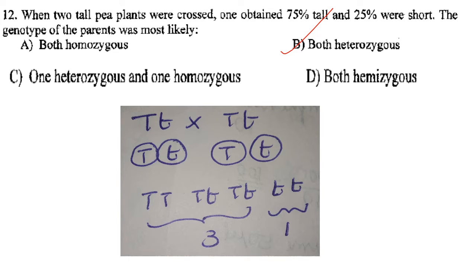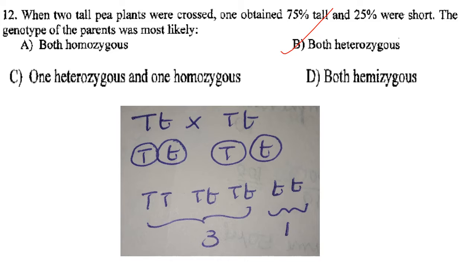Then next one. When two tall pea plants were crossed, one obtained 75% tall and 25% short. The genotype of the parent is most likely to be. So this is 75% tall and 25% dwarf.